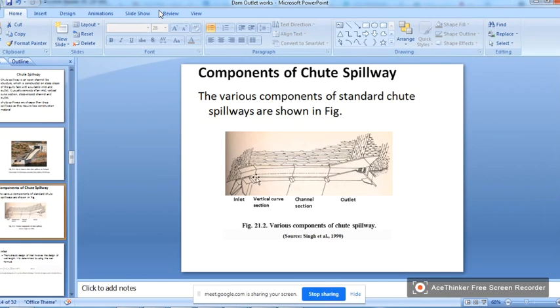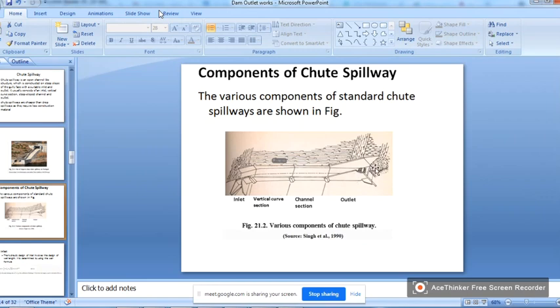The design principle is to design the inlet, the outlet, and the channel section. Inlet means what should be the length of the sill. For the channel section, what is the width of the channel, what should be the depth of the channel, what should be the freeboard, all those things.